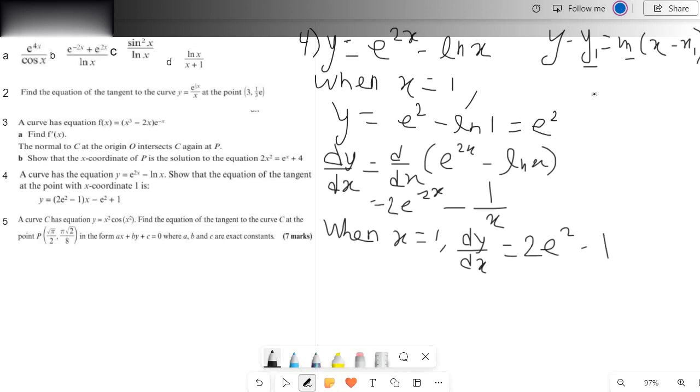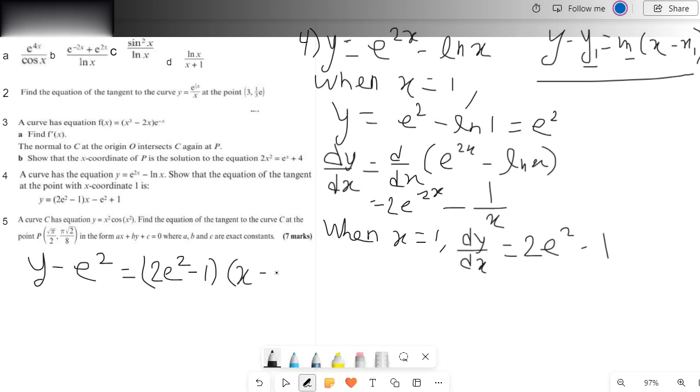So now, applying the formula of the equation of the tangent, we have y minus y1, which is e squared, is equal to the gradient, which is 2e squared minus 1, multiplied with x minus x1, which is 1.